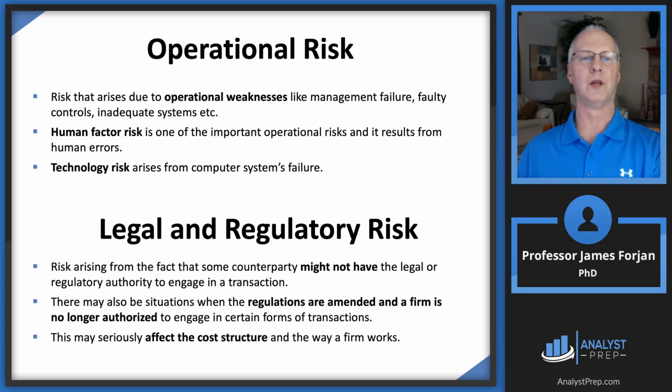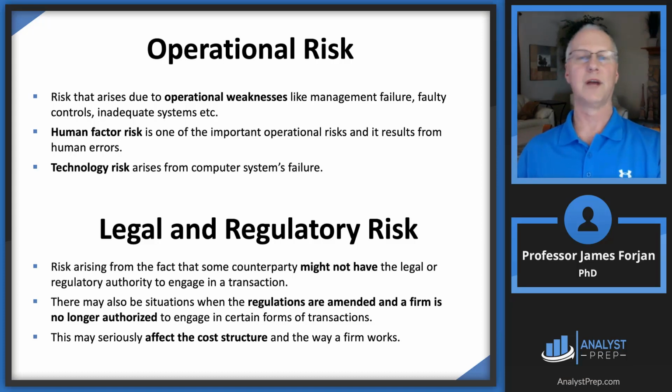About operational risks. So these are the risks that arise due to operational weaknesses. Sometimes these have to do with stuff that goes on inside of the income statement, but it can also mean poor management decisions or total management failure, inadequate systems design, or maybe faulty controls throughout the operation.